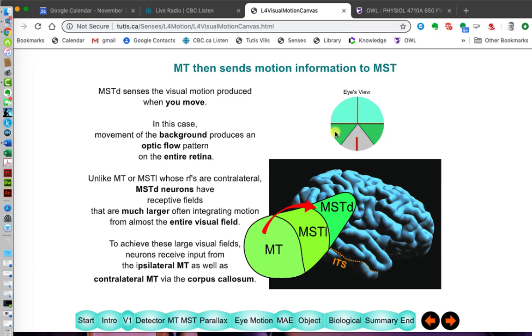And that pattern indicates to the brain that you're moving forward, because this is moving backwards, and also you're moving in this direction. So you'll see that there are cells that sense every direction, and therefore sense which way you're moving.